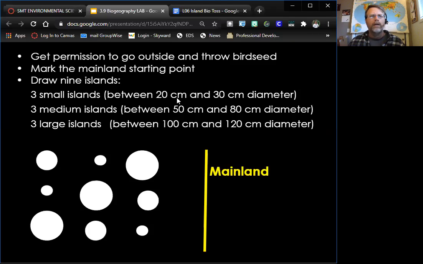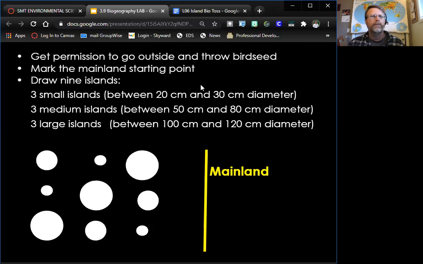Okay. So the first thing is make sure your family knows what you're doing and you're going outside and throwing bird seed. Bird seed's highly suggested because it's good for birds. You can use beans or rice, but you have to clean up beans or rice afterwards. Raw beans have a toxin in them that has to be cooked out before consuming.